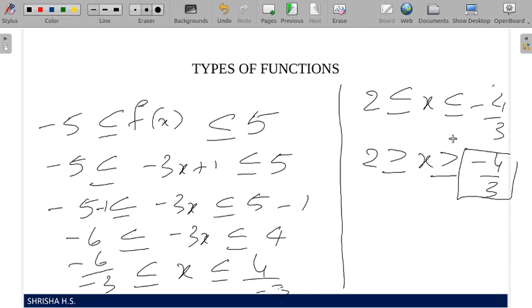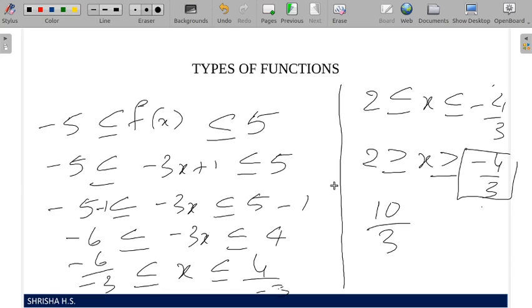The least value is minus 4 by 3, and the maximum value from the previous formula is 10 by 3.